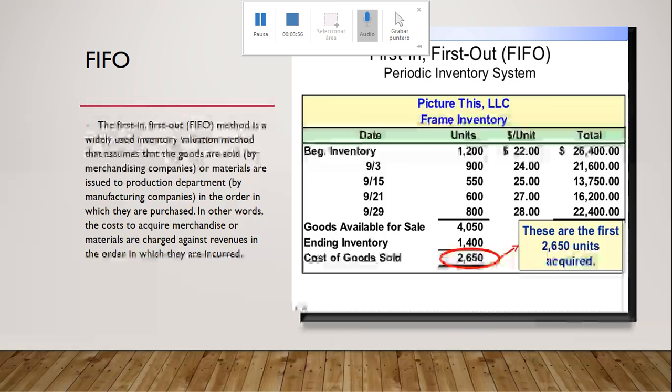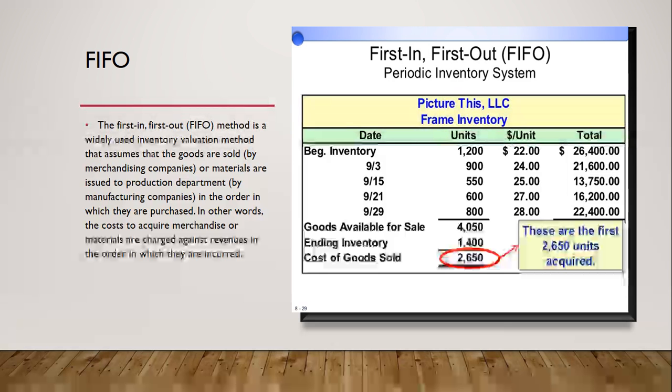Step number two: prepare a FIFO perpetual inventory card. Step number three: compute the cost of goods sold and cost of ending inventory at the end of the month, or the year, whatever period you are using. Alright.